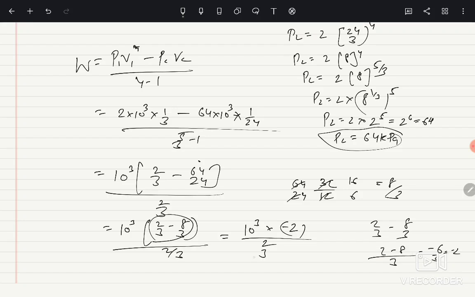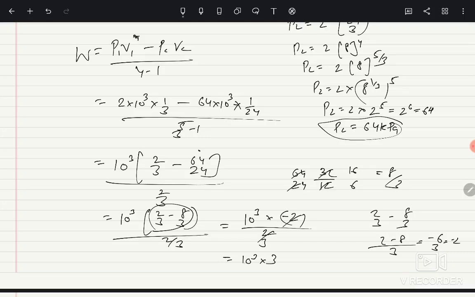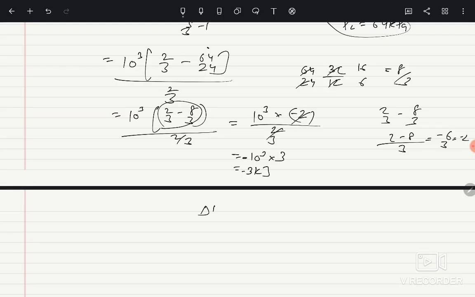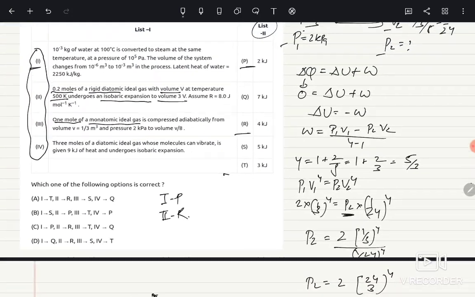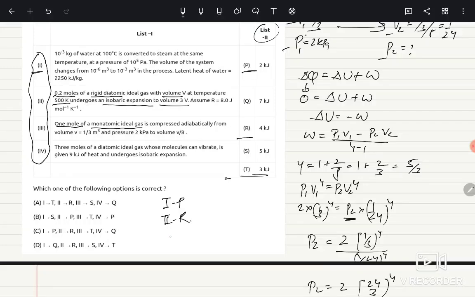So the 2 by 3 in the denominator gives minus 3, and we get minus 3 into 10 to the power 3, meaning minus 3 kilojoule work. We know delta U is equal to minus W, so delta U will be plus 3 kilojoule. Are we getting any 3 kilojoule? Yes, in T. So the third one is T.